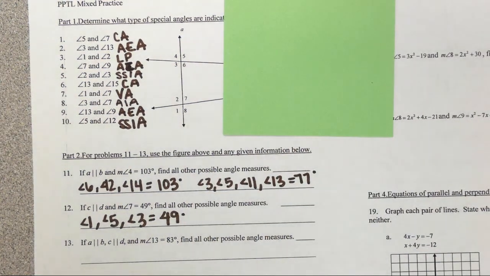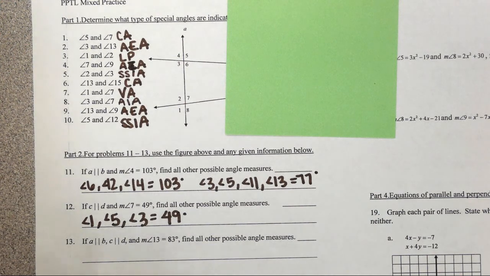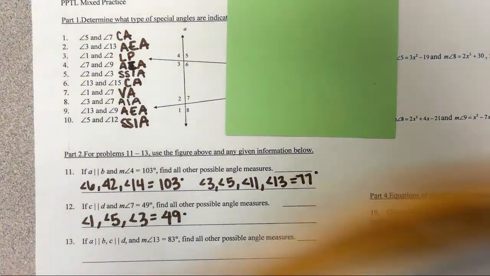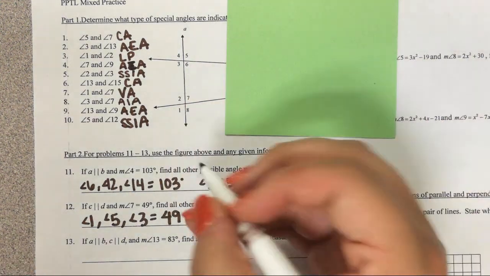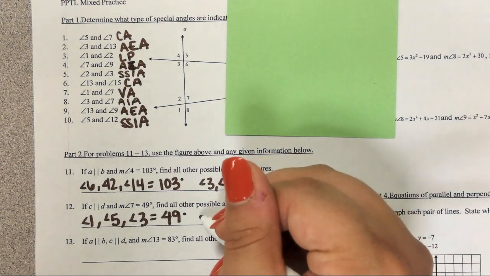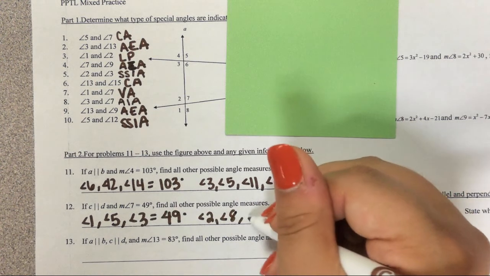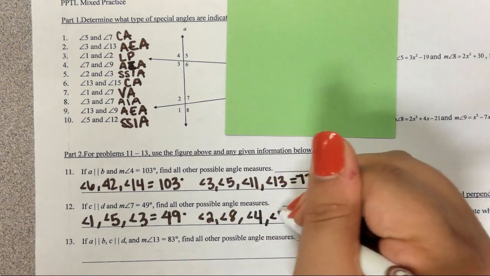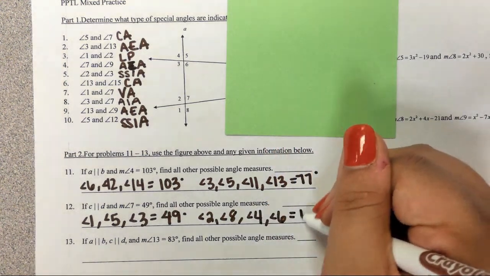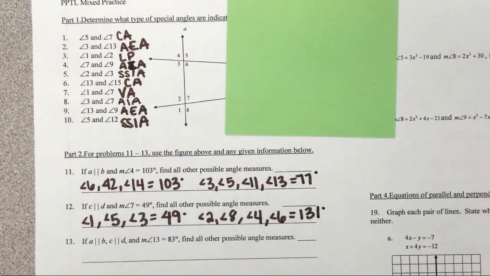Now what's the linear pair with that? 180 minus 49 is 131, would be all the other angles. So angle 2, angle 8, and their corresponding angles, angle 4 and angle 6 equal 131 degrees.